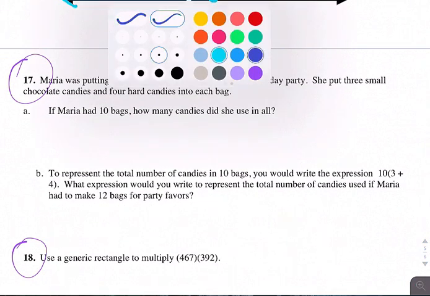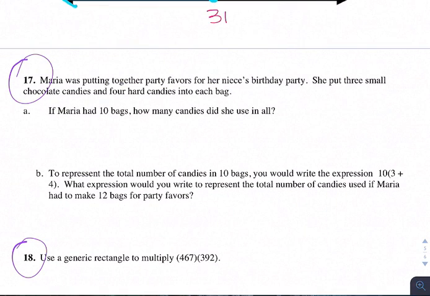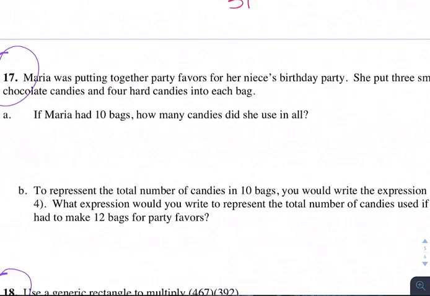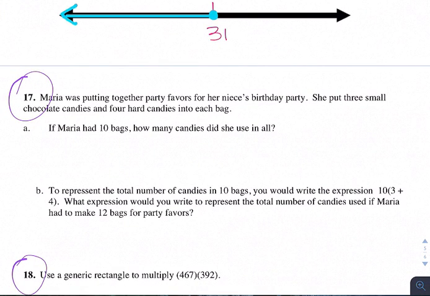All right. Maria was putting together party favors for her niece's birthday party. She put 3 small chocolate candies and 4 hard candies into each bag. If Maria has 10 bags, how many candies did she use in all? So this is the distributive property.